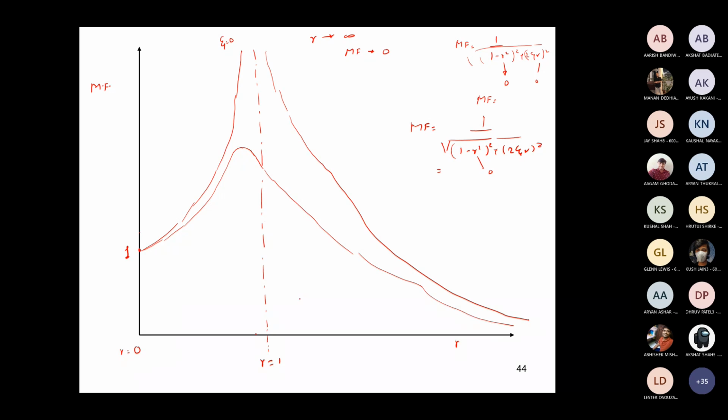So this is for zeta equal to 0, and this is for some zeta equal to 0.3, and so on and so forth.